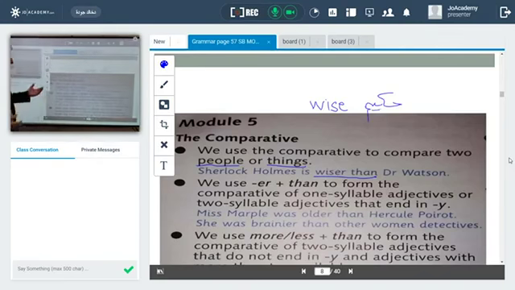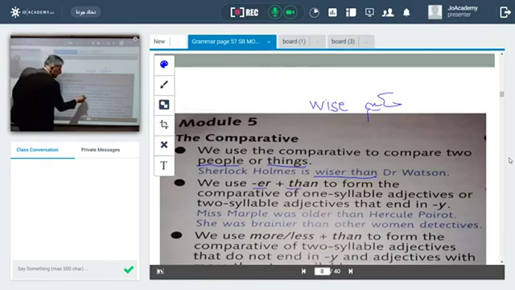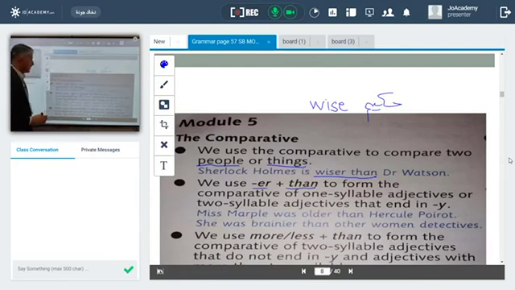So Sherlock Holmes is wiser than Dr. Watson. He is wiser, أكثر حكمة. He is wiser than Watson. We use ER plus than. So we need to add ER plus than to form the comparative.